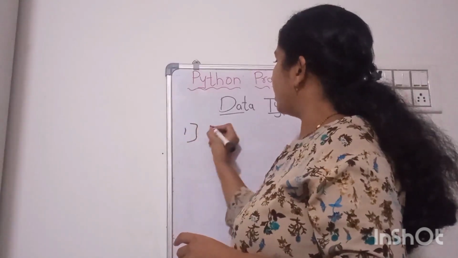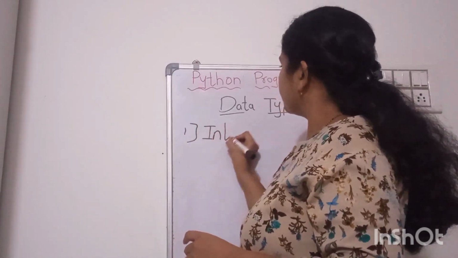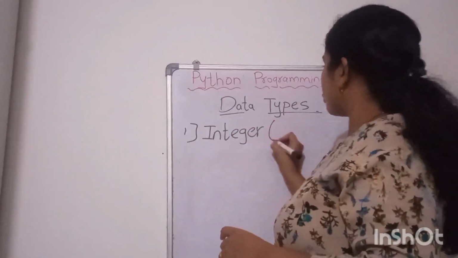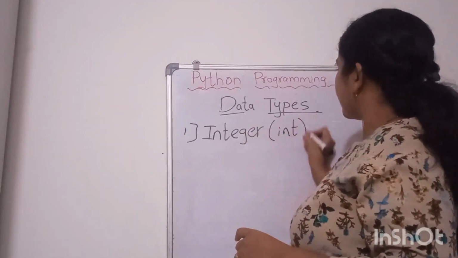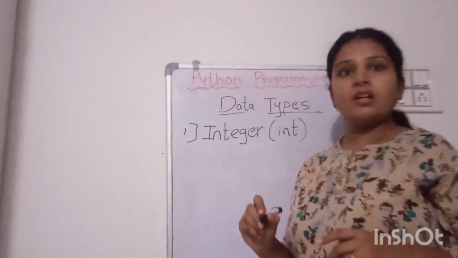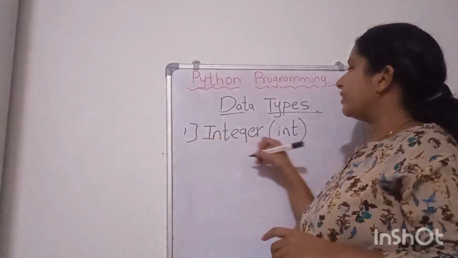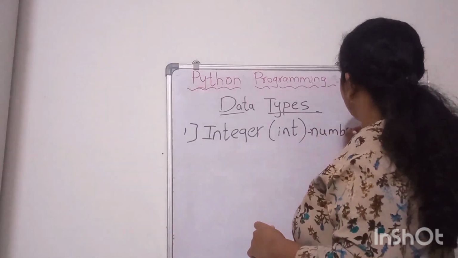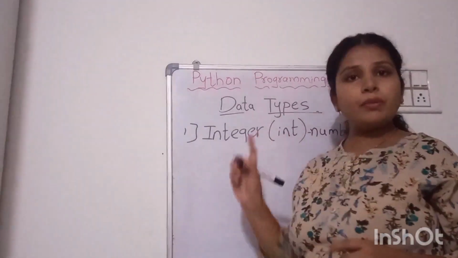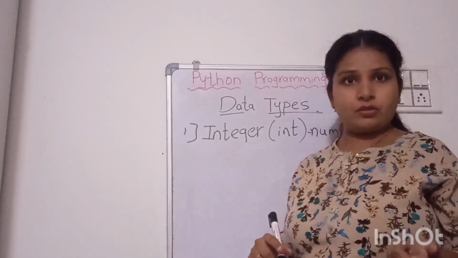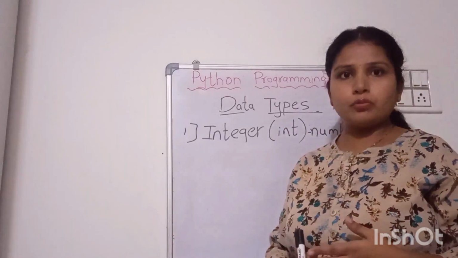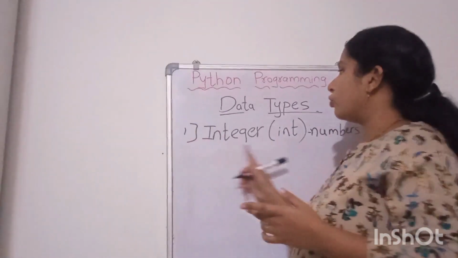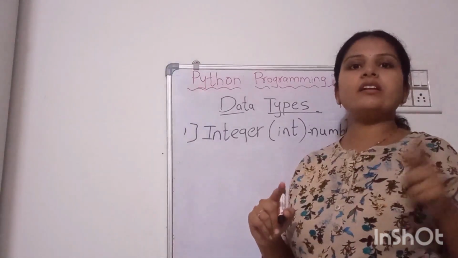First is integer. We also use integer as int in the program. Integer means numbers. If you are going to work with numbers, such as arithmetic operations, mathematical formulas, or dimensions, then you are going to use the integer data type.